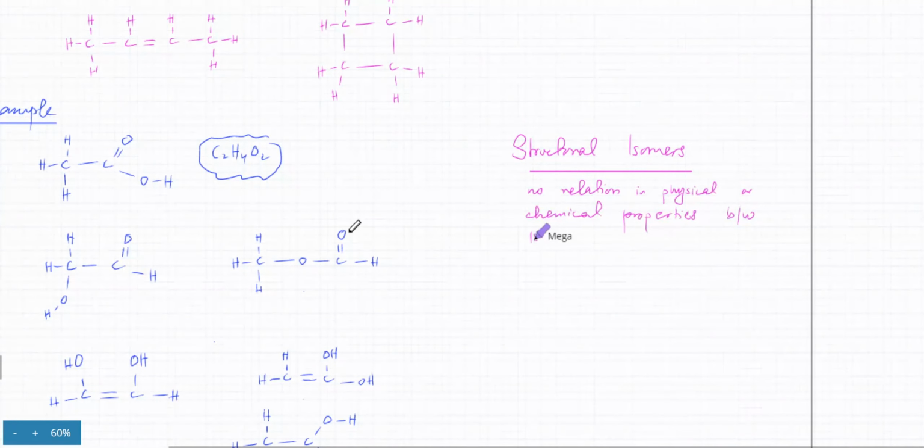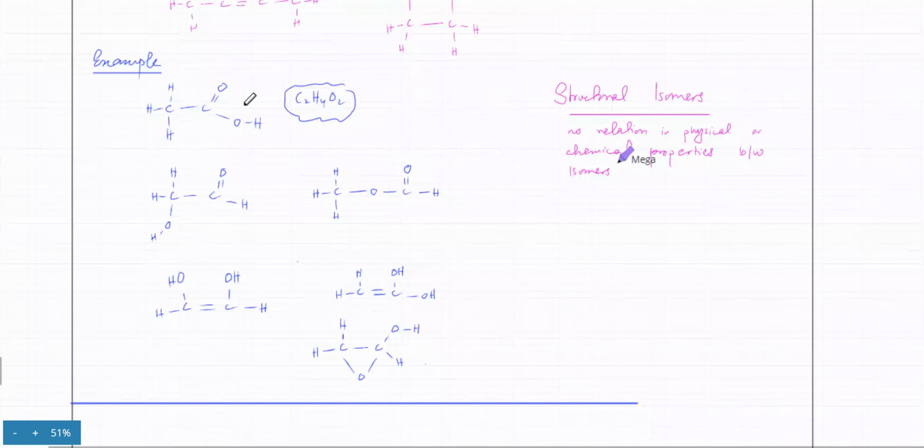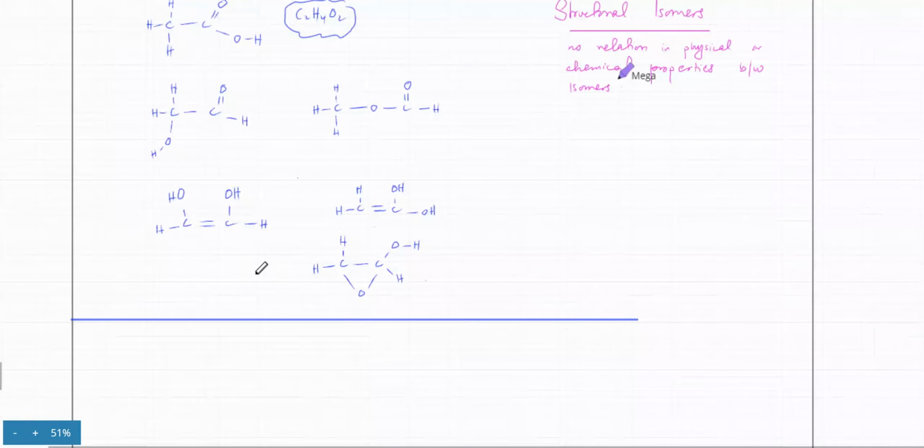And especially if the change is drastic, for example, over here, all of a sudden this was a carboxylic acid, whereas this is an alkene and an alcohol. So the change is pretty drastic, and the physical and chemical properties are going to be different as well. So structural isomers have absolutely no relationship when it comes to physical and chemical properties.